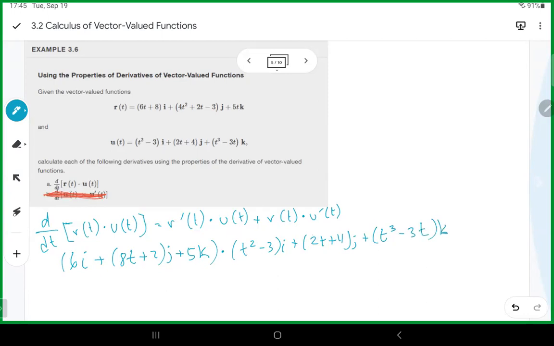Okay. All right. Unfortunately, there is a lot here, so it's not going to fit on the same line. So this is the first line.